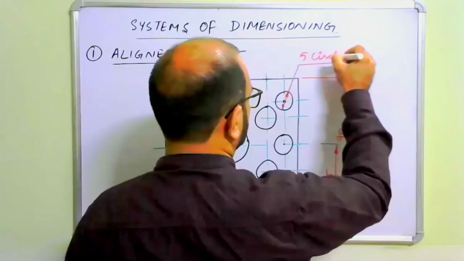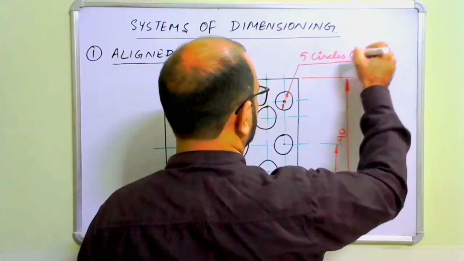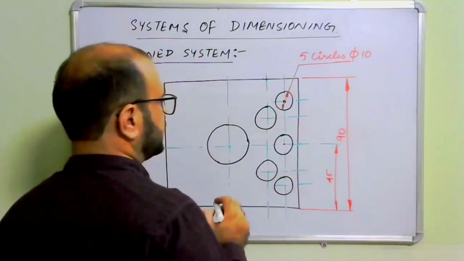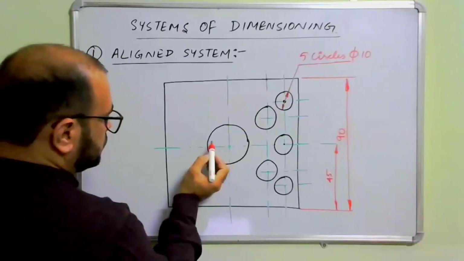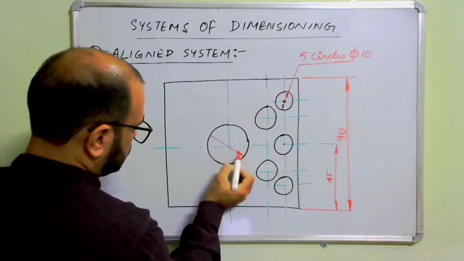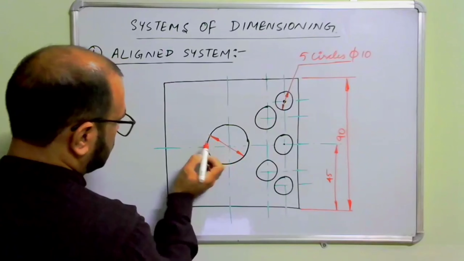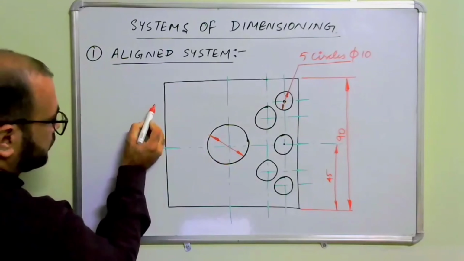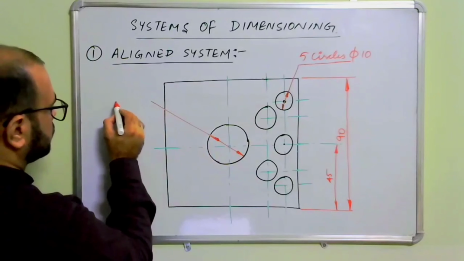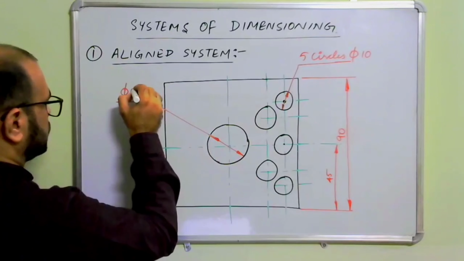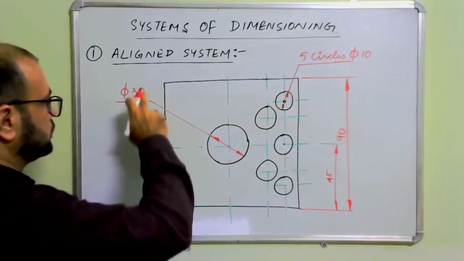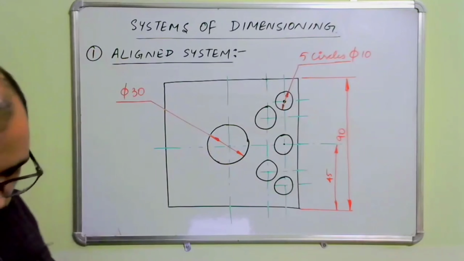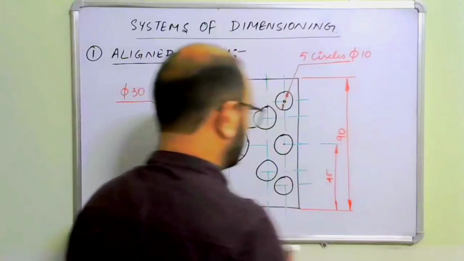So these are 5 circles, phi 10, and this circle, let it be equal to 30 mm. You dimension it outside the figure. Phi 30, let it be. Right? So then let us dimension the other quantities also.